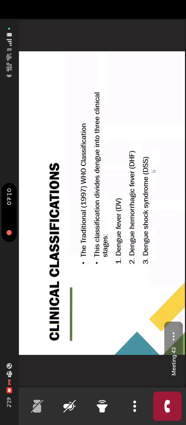If dengue is not treated on time, the patient will also suffer from shock syndrome. So first is dengue fever, then dengue hemorrhagic fever, and then dengue shock syndrome, right, students? So this is about the clinical classifications.